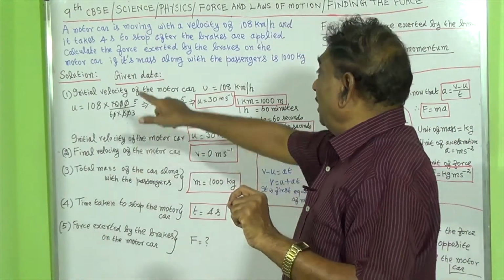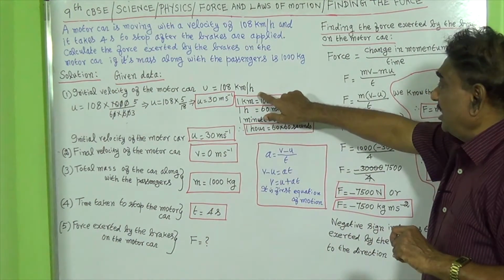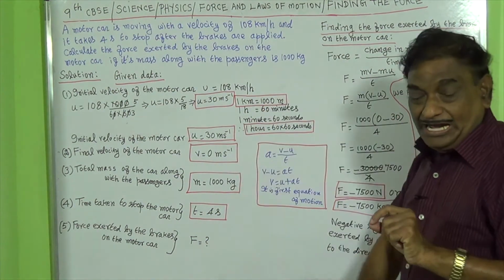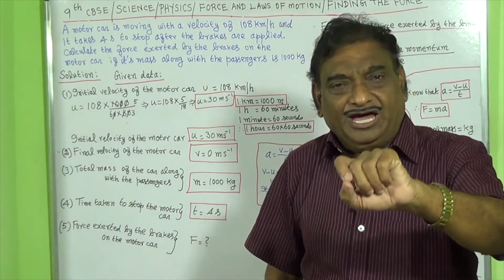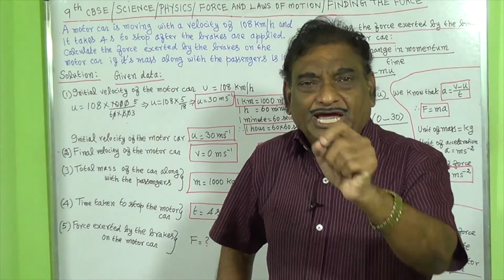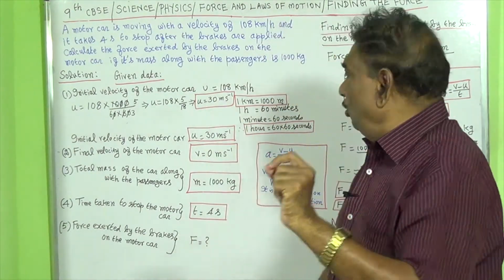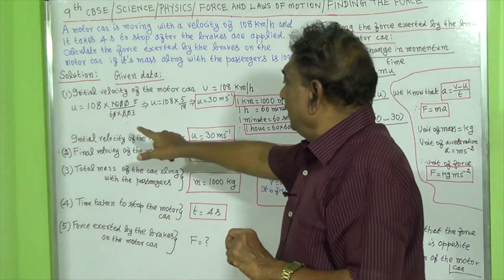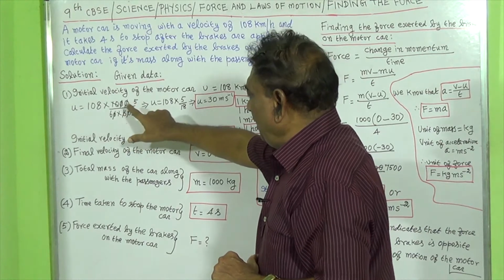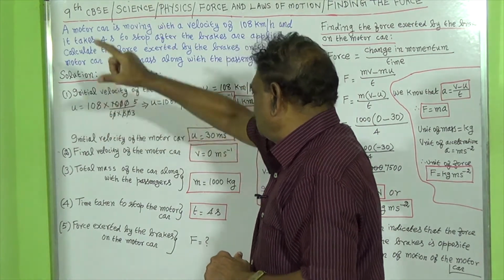Here the unit of the time is second, but the unit in the velocity is hour, so we have to convert the kilometer per hour into meter per second. We know that 1 kilometer equal to 1000 meter, so we are multiplying 108 with 1000.